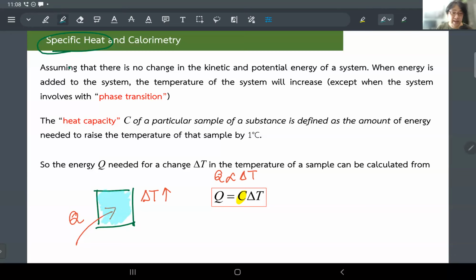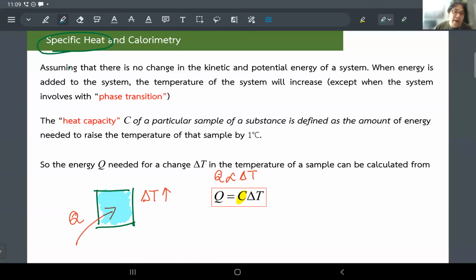Does the object have an ability to store that energy or not? If the ability of this object to store energy is small, it doesn't have a lot of space to carry the energy, so the delta T will be high. Does that make sense? On the other hand, if this object has a huge capacity, it can store a lot of energy.